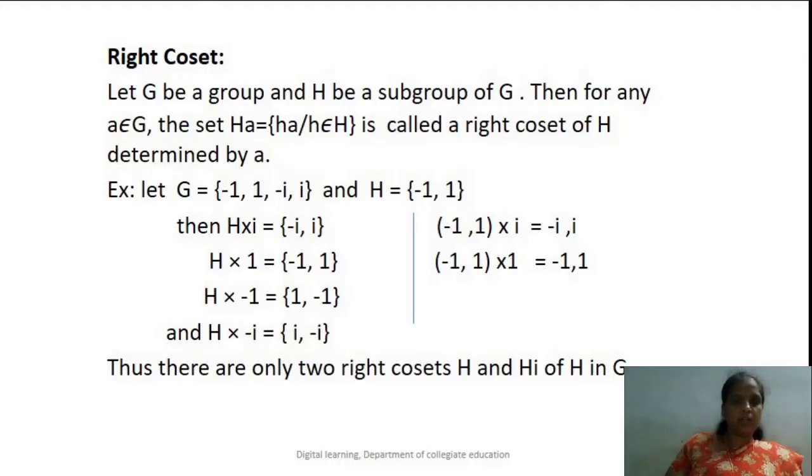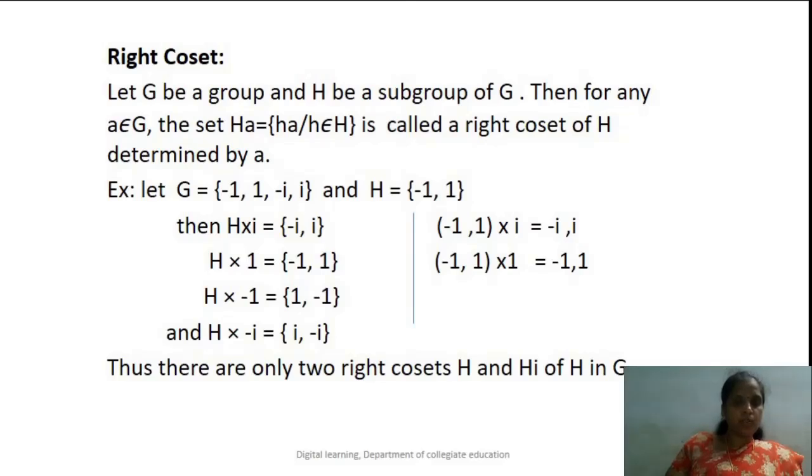If we look at i and -i, they appear here as well, but in the set G we have -i first and then i as the second element. These two elements are present only in H into i. Therefore, we consider H and H into i. Instead of H, we can also take H into 1.